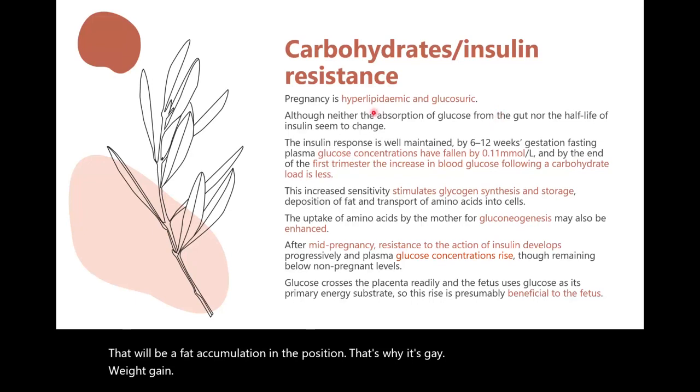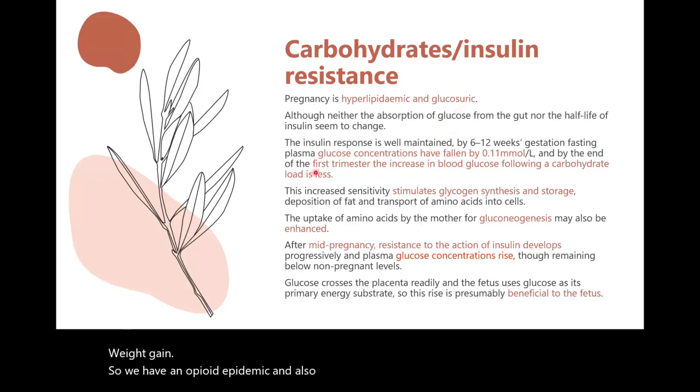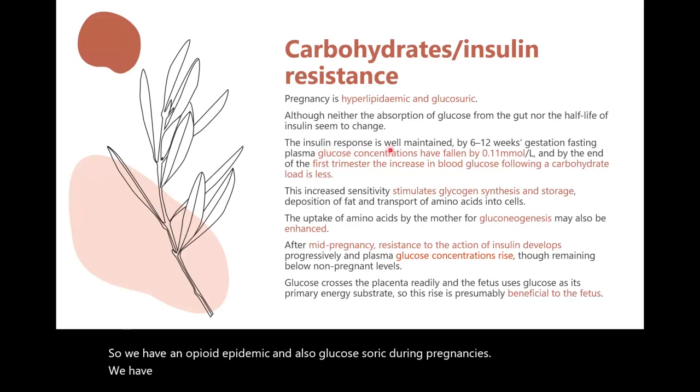Okay, so we have a hyperlipidemic and also glucosuric state during pregnancy. But we have a well-functioning insulin response between 6 to 12 weeks, so glucose concentration will fall a little bit.